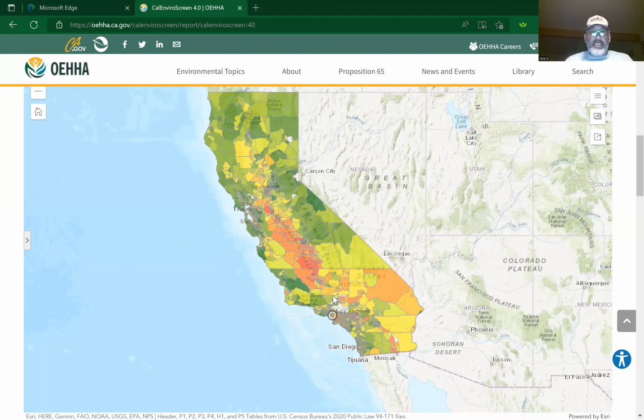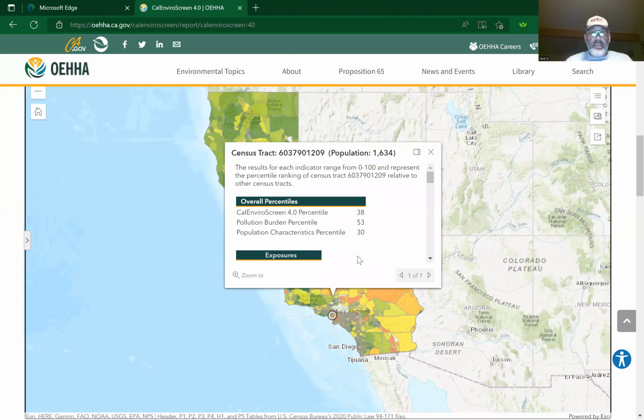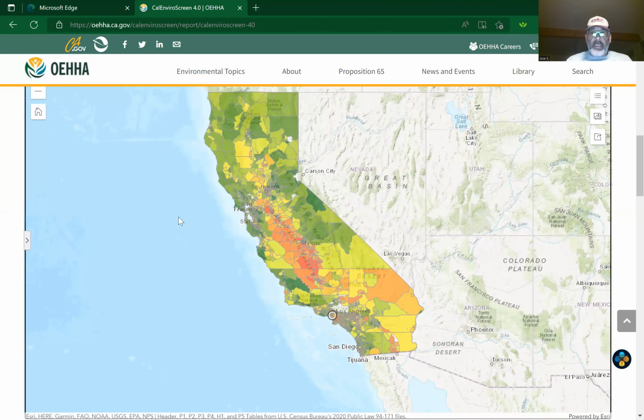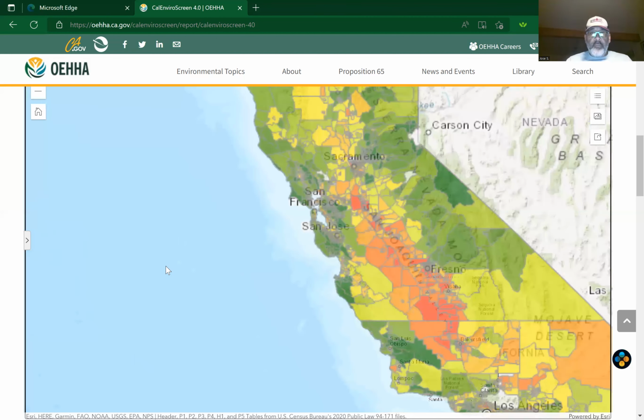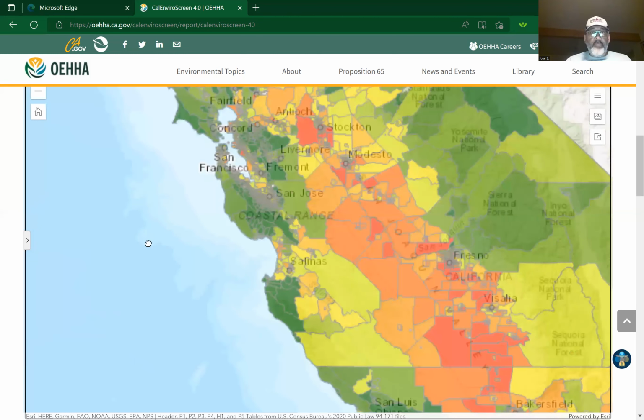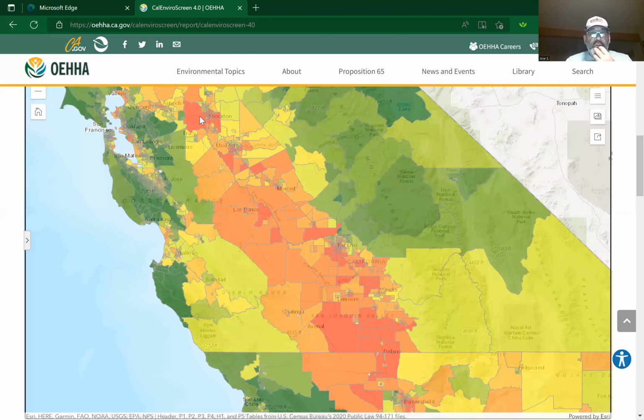So let's zoom in. Let's see. We'll click out of there, and okay. So what we see is that there's a lot of pollution in Stockton, Modesto, this whole 99 corridor, which in large part is rural, a lot of farm workers there.